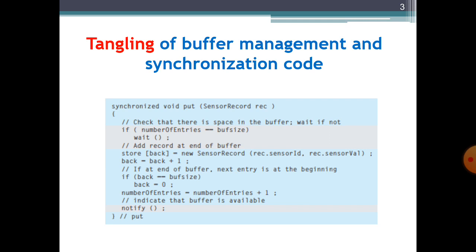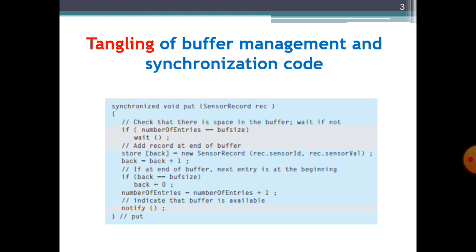That's why these are two undesirable situations, tangling and scattering, which involve the implementation of core concerns, while traditional programming usually includes additional code to implement cross-cutting concerns, like functional, quality of service and policy concerns. So to overcome these situations, we need to understand these two undesirable situations, which we call tangling and scattering.